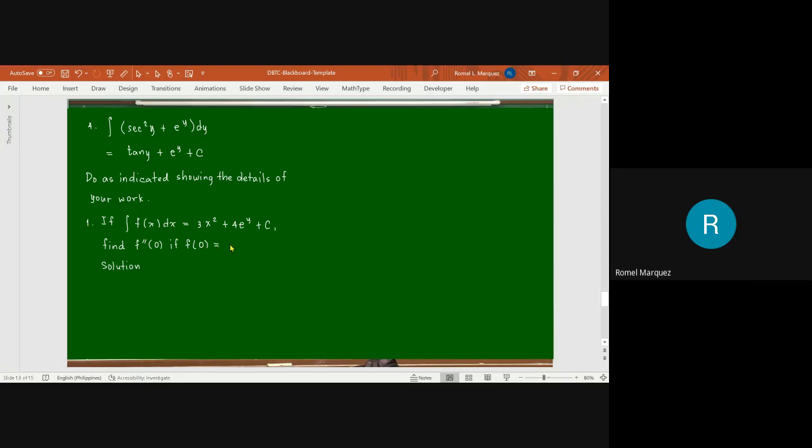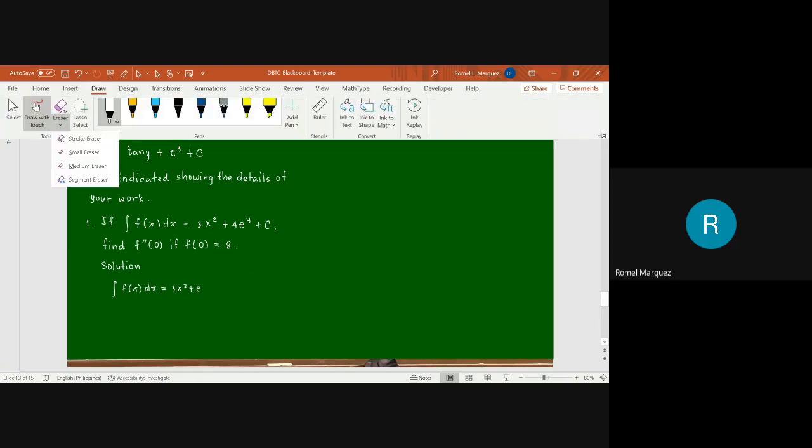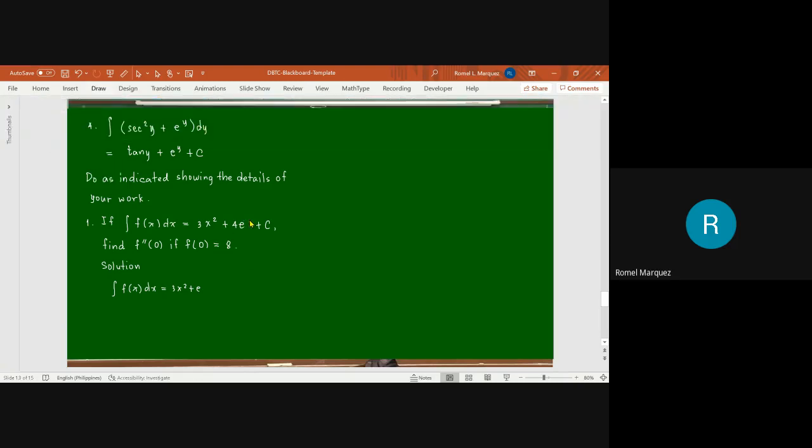So given the integral of f of x dx, and that happens to be equal to 3x squared plus e to the, sorry, this is supposed to be e to the x, not e to the y. Yeah. So e to the x, no, plus c. Now, to be able to solve for f of x, so that is in terms of x, so we are going to differentiate both sides.